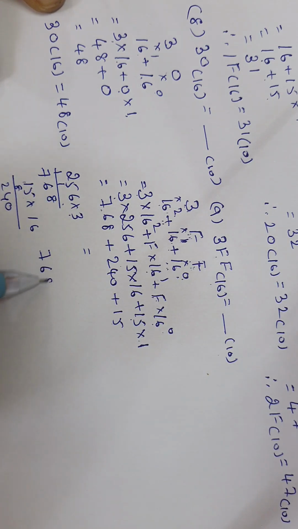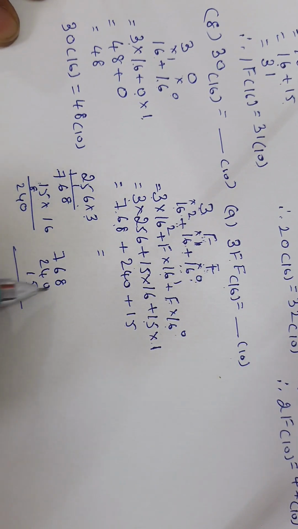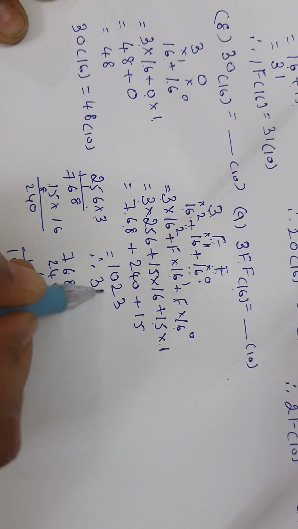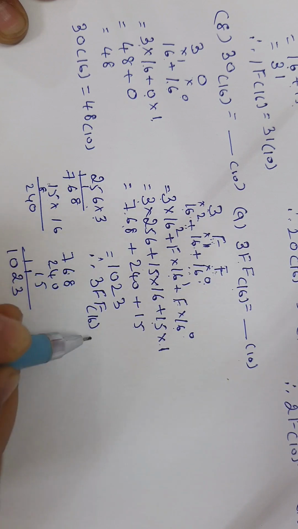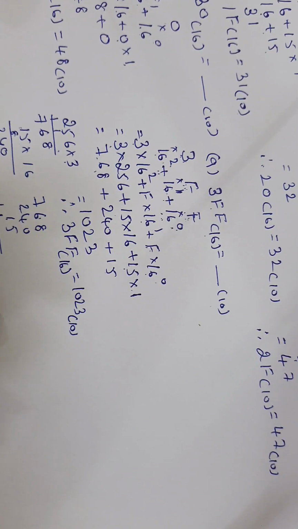So let us see what we get. 768 plus 240 plus 15. We'll add these three. What we will get? 8 plus 5, 13. 6 plus 4, 10. 12, 1 carry. 7 plus 2, 9 plus 1, 10. That is 1023. Hence 3ff in hex is equal to 1023 in decimal.